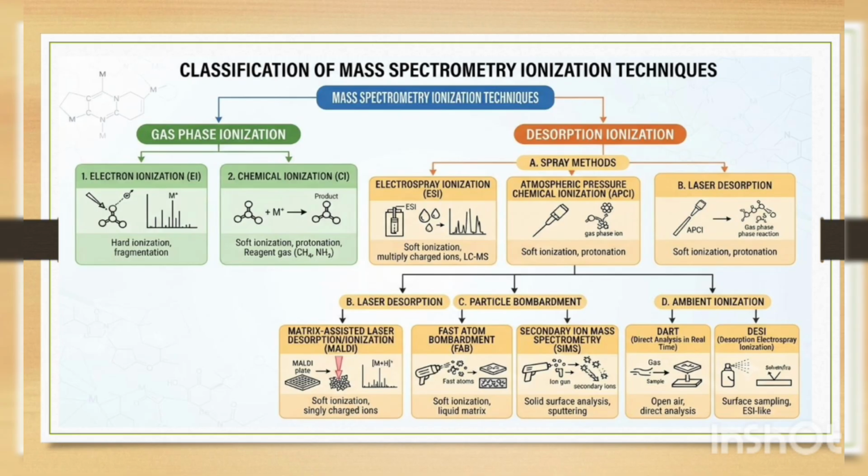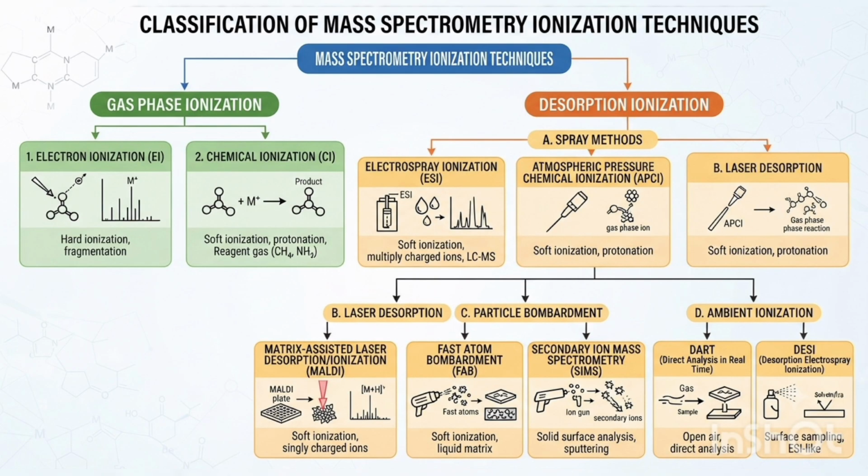Finally, let's classify the major ionization techniques used in mass spectrometry. We can broadly divide them into gas phase ionization, for example electron ionization and chemical ionization. These methods generally require the analyte to be sufficiently volatile or introduced into the gas phase. Then there is desorption ionization.